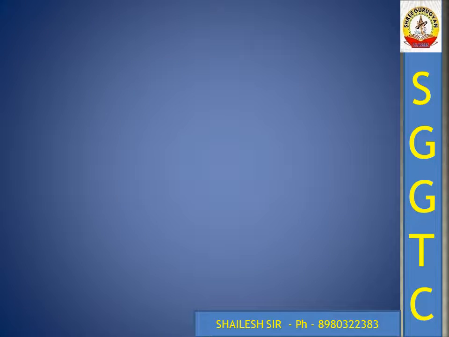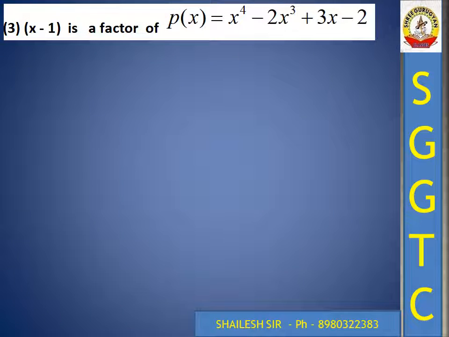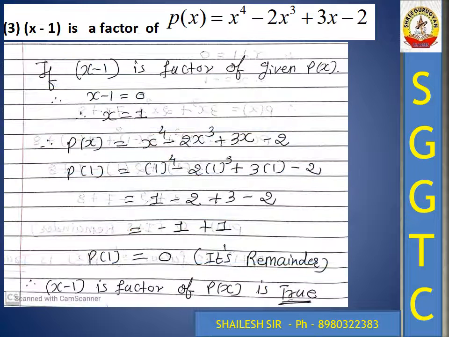Next one more. Question number 3. X minus 1 is a factor of the given px, one more time asking to check whether it is true or false. So very easy. Here also I take x minus 1 equal to 0, and as the factor is given, x equal to 1, and apply it in your given px at every place of x. I just apply the x equal to 1 value and check the further calculations and the last answer, yes, definitely it comes 0.